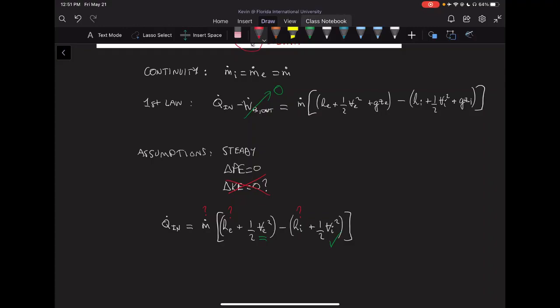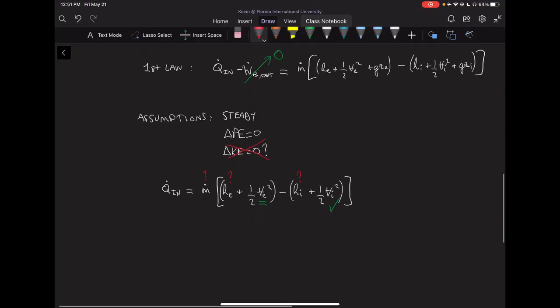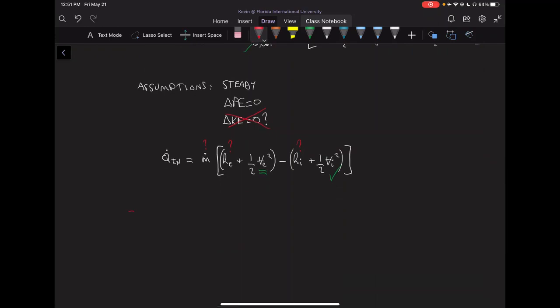So we can determine our states now, not by a point in time like state 1 and state 2, but we can actually look at our states at inlet and exit. So we can write state I and state E, the state at the inlet and the state at the exit.